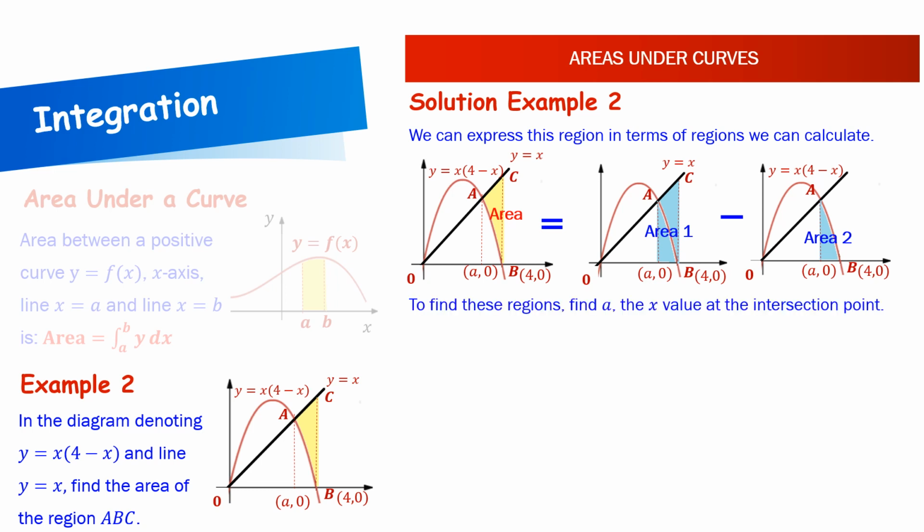Now, in order to find these regions, we need to find the point A, because this is the point where the curve and the line intersect. The intersection point is the point at which the curve, with equation y equals x times x minus 4, equals x, which is the equation of the line.